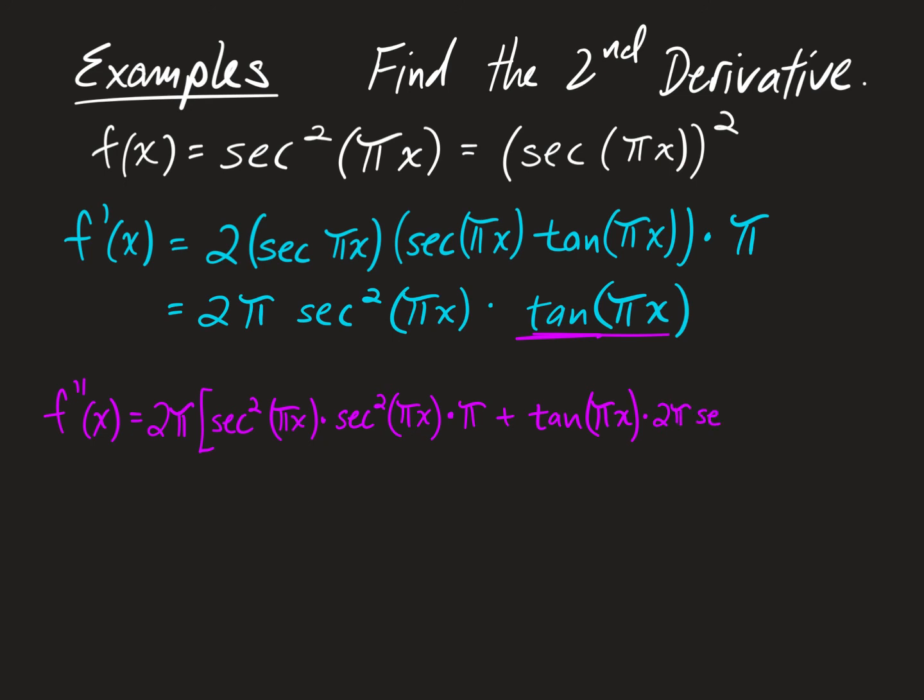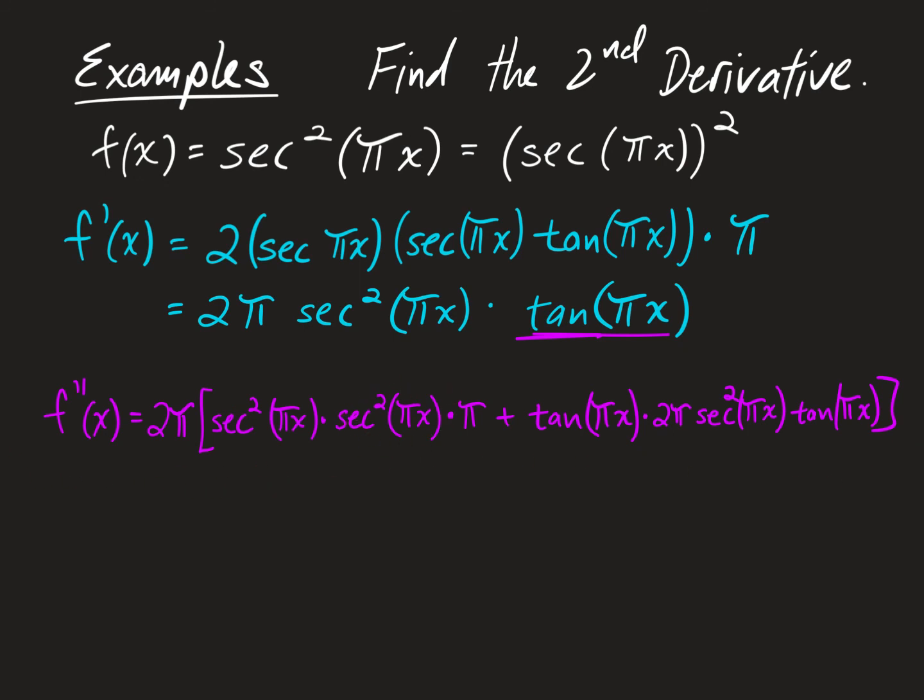We just have to work on squeezing it on screen. Tangent pi x. Yeah, I think that does it. Oh, forgot a squared. There we go. From here, this derivative is fine by me. I'm going to clean this up a little bit.